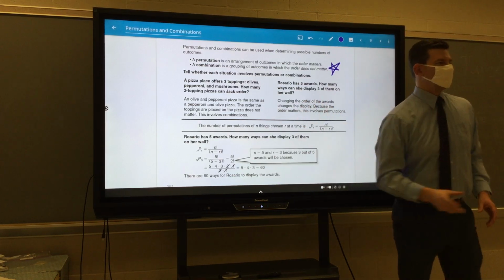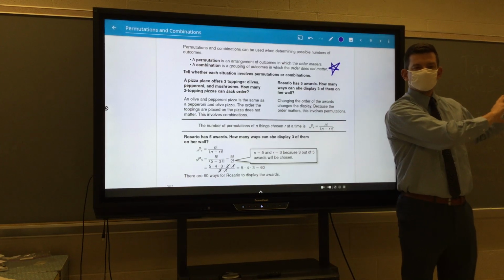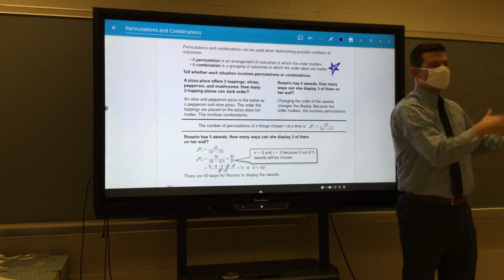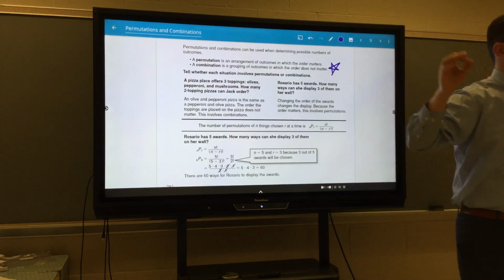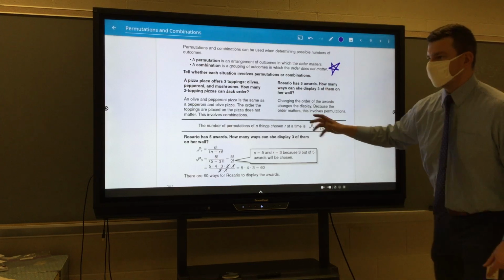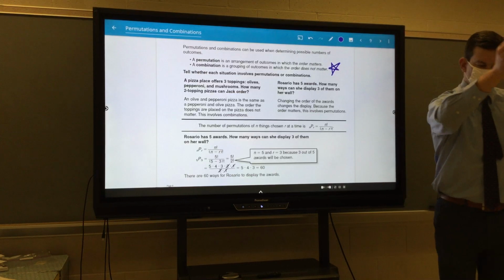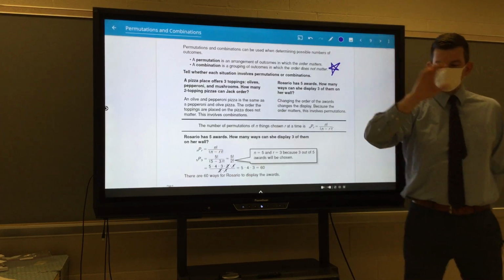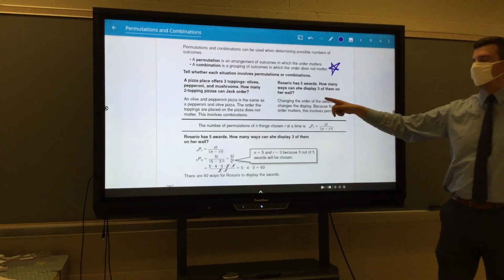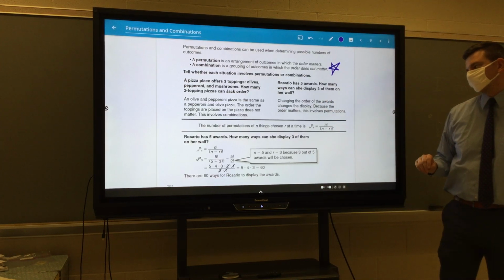She doesn't want to put up a wall that contains 3 third place trophies on it when she has first place trophies that she could display. So the ordering of them does matter. There's a difference between a first place, a second place, a third place versus third place, third place, third place. This would be a permutation because that ordering does matter.